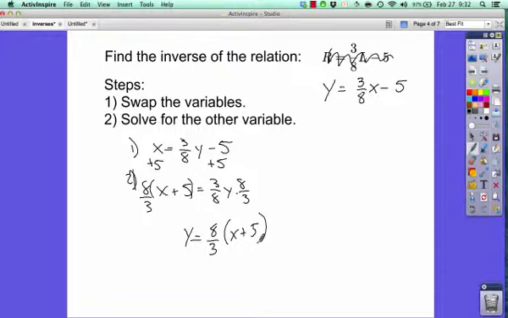Now you can check a number, right? Just to choose a number, if I put a 2 in here, I get 6/8. What do I get? 6/4 minus 5, which is negative 14/4, which is kind of silly to say.